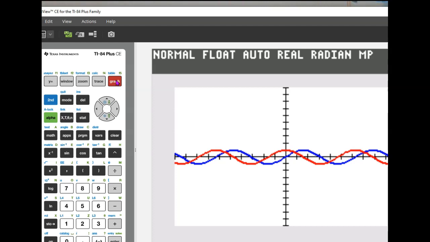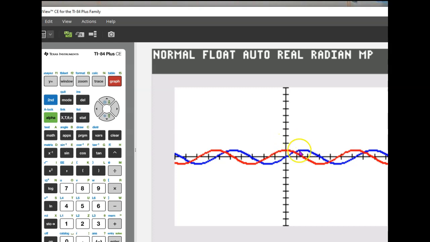So if we moved red this way to the right, how far do you think we have to move it? Pi over 2. So that was part of the cofunction that we had. If I try to move this dot to this dot, I need to move it by pi over 2.